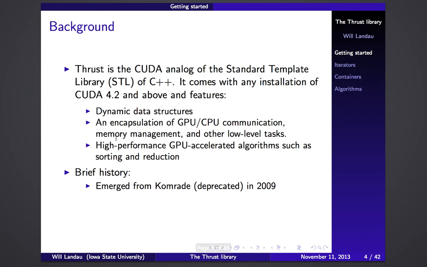Thrust came from Komrade, which is its direct predecessor, which has been officially out of use since 2009. Thrust took over, and it's maintained primarily by these two guys, Jared Hoberock and Nathan Bell from NVIDIA.